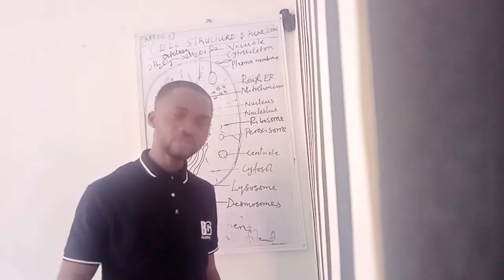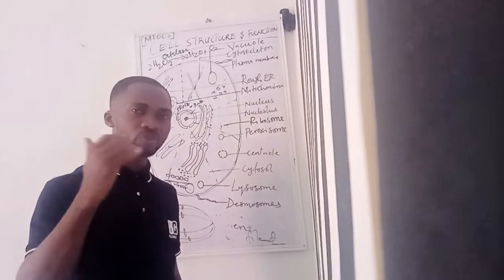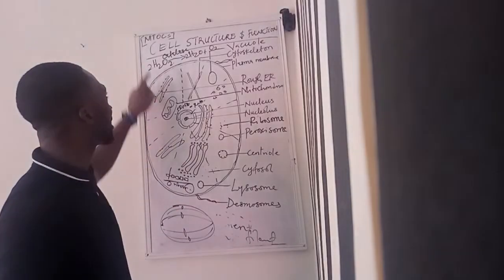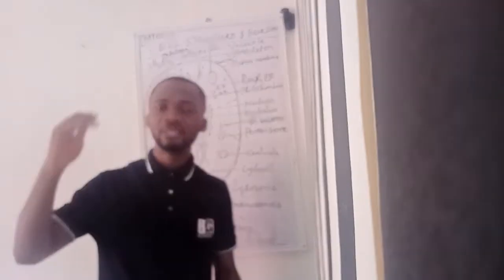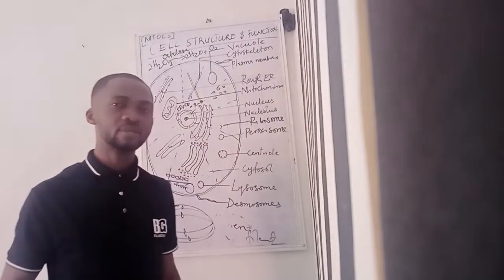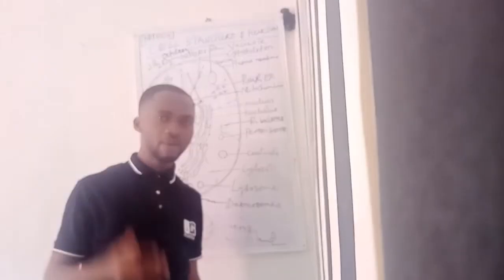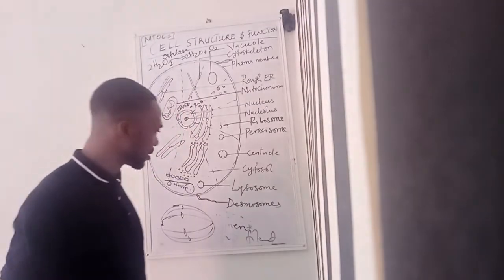There is another structure in the plant cell that functions just like the centriole in producing the spindle fibers, and that is called the microtubule organizing centers. This is a structure in plant cell that helps in producing the spindle fibers.